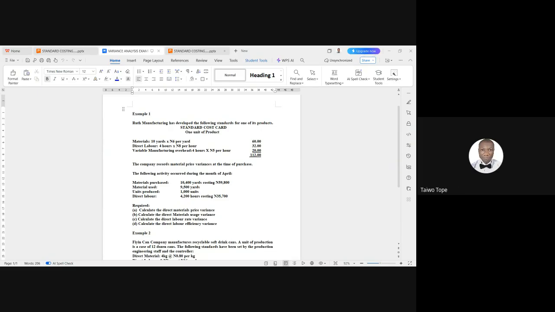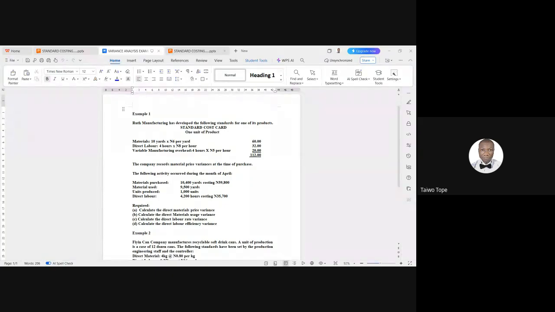Based on standard, how much will you pay for 1 hour? 8 naira. If you are now using 4 hours, how much will you now pay overall? 32 naira. Please, you must be able to interpret in this way.